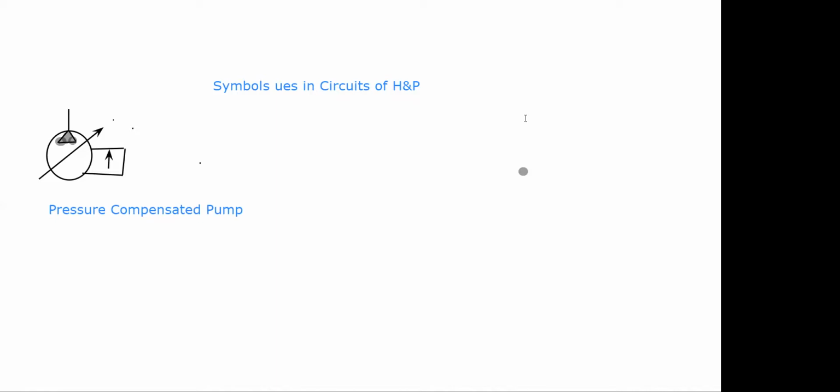Again, we are going to see the symbol of the bidirectional pump. So for this bidirectional pump, the symbol is like this. We are going to draw this bidirectional pump. Bidirectional pump means the pump can force or push the fluid in both upward and downward directions.